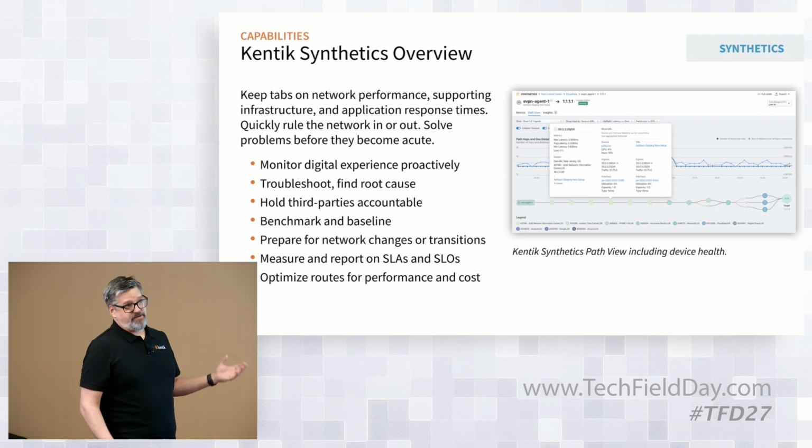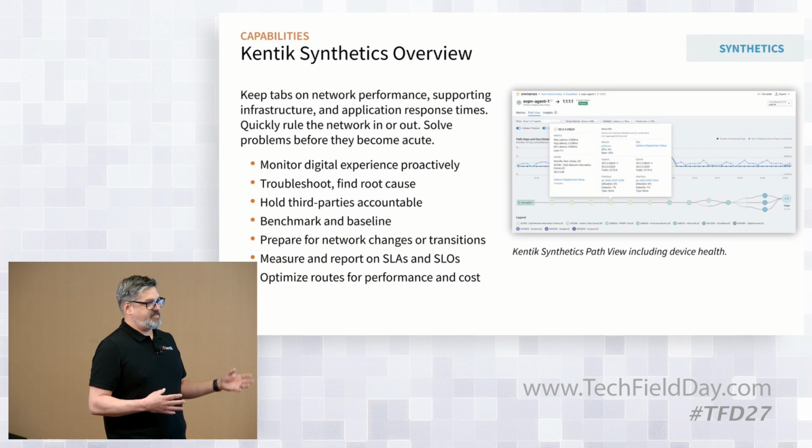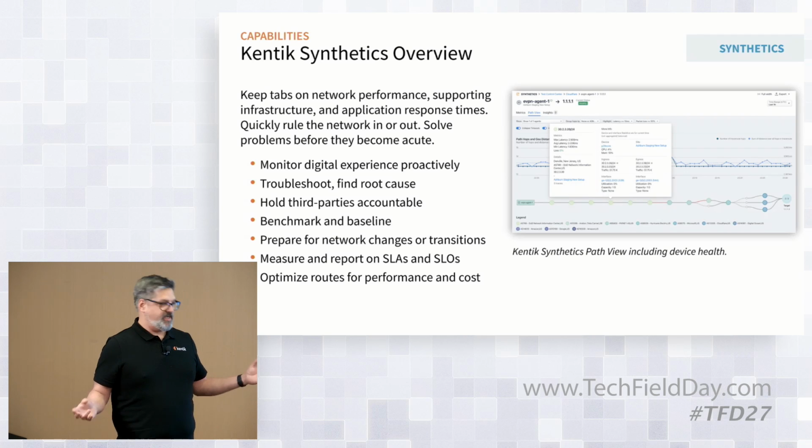So what that means is monitoring digital experience. And having these different vantage points across the network is extremely important to understand, from a network perspective, what is going on and where the problems might be occurring. Traditionally, people would have a single network management box that would be doing things from a central location.